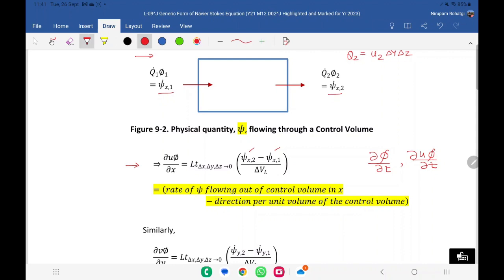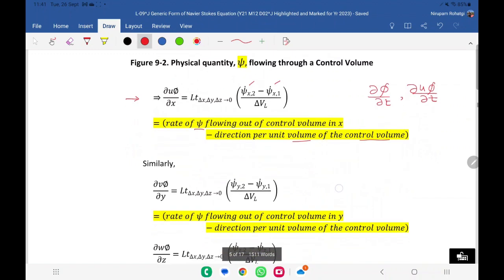It is equivalent to rate of psi flowing out of the control volume in x direction per unit volume of the control volume. This is telling you how much of psi is flowing out net, because something is coming in, something is going out. So how much of psi is flowing out per unit volume of the control volume per unit time. Okay, and in x direction only.